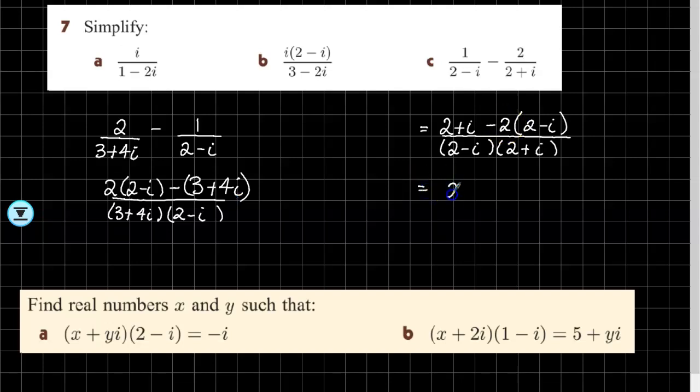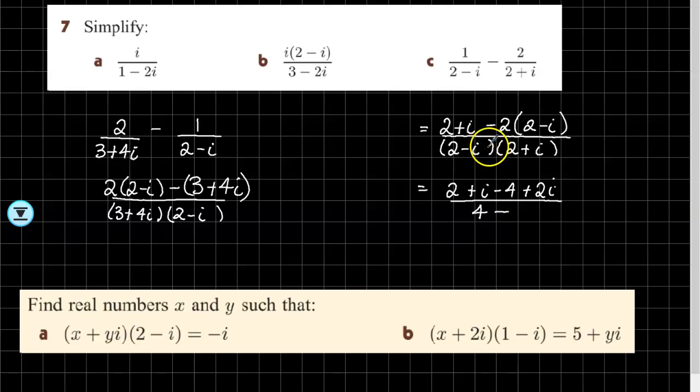We can tidy up the top row, 2 plus I, take 4 plus 2i, and then downstairs, if you recognise it's difference of two squares, you can straight away go, well, that's going to be 4. Minus times a plus. Here's your little tip. You can always have the minus and you can turn a minus into a positive, but you can't turn the positive into a negative.